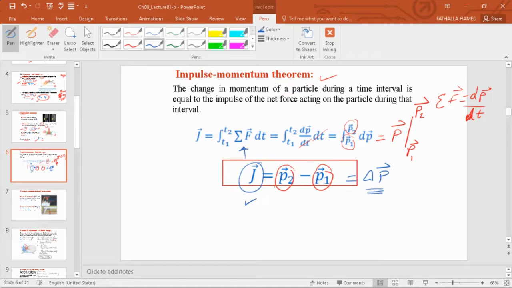So here the impulse can be regarded as the change in momentum, which is P2 minus P1.